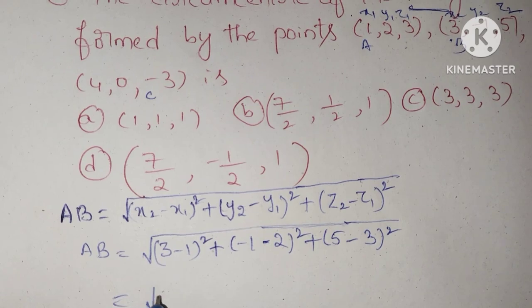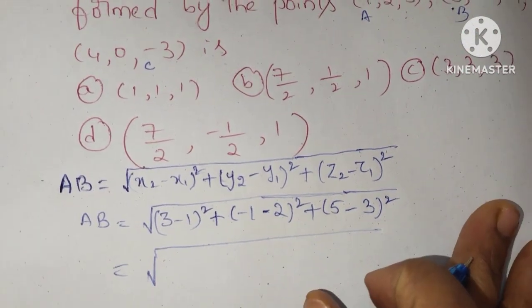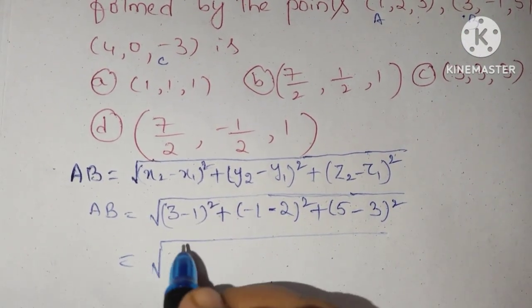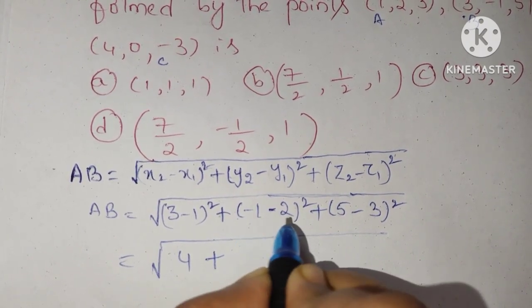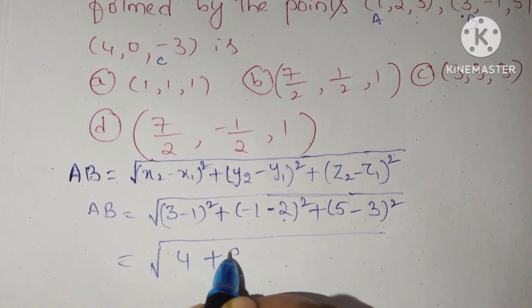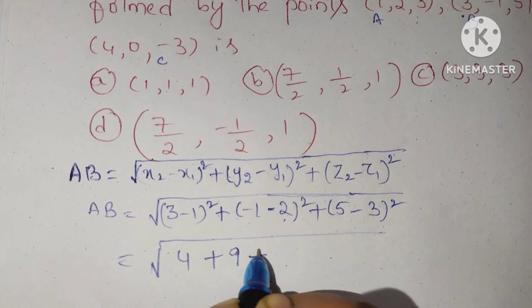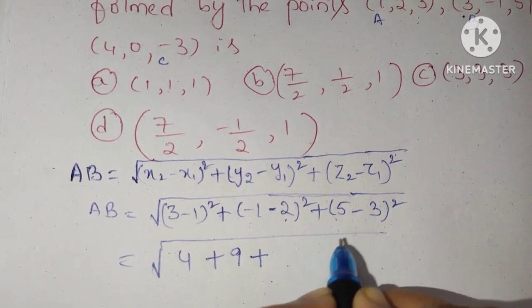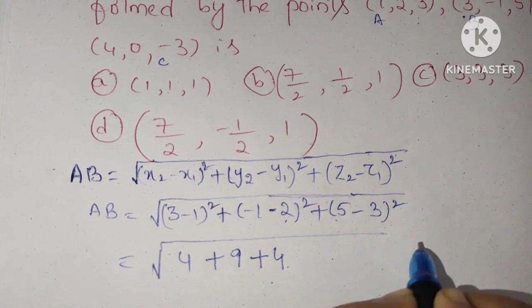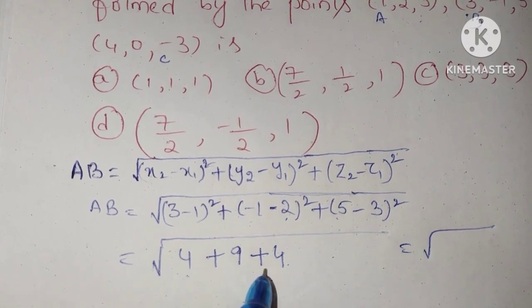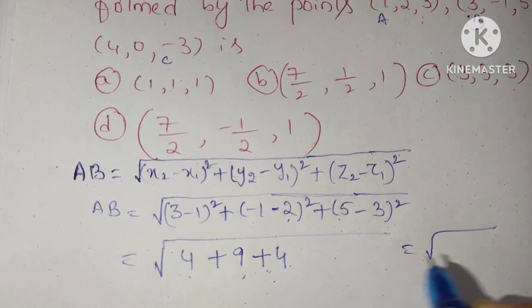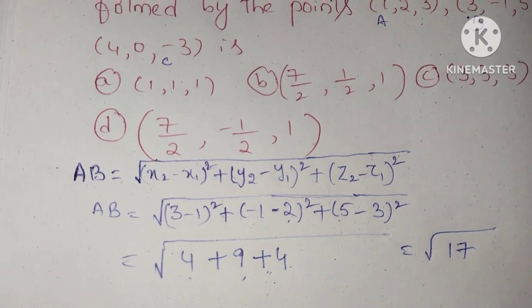So 3 minus 1 is 2, square 4, plus minus 1 minus 2 is minus 3, whole square 9, plus 5 minus 3 is 2, square 4. 4 plus 4 is 8, 8 plus 9 is 17.